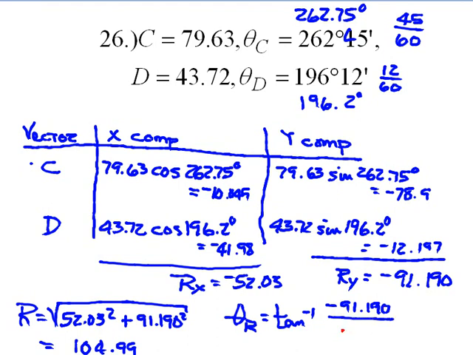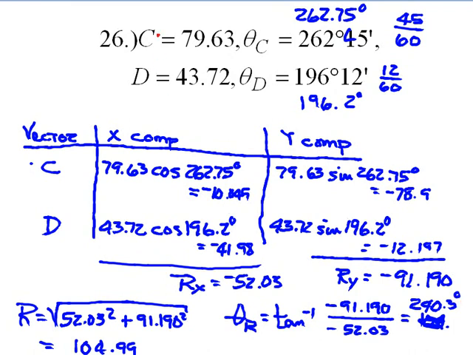It will come out totally different if you drop those negatives. 52.03. And what we come up with is 104. I'm sorry, it wouldn't be 104, would it? It's got to be in the third quadrant. 240.3 degrees.